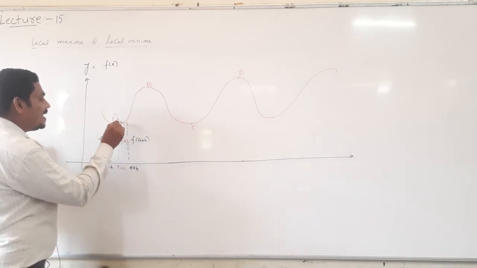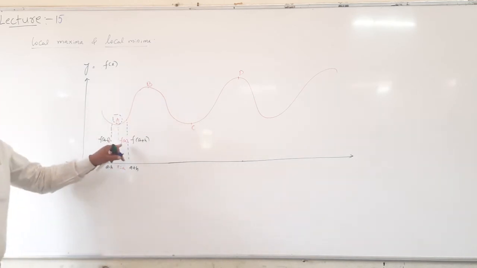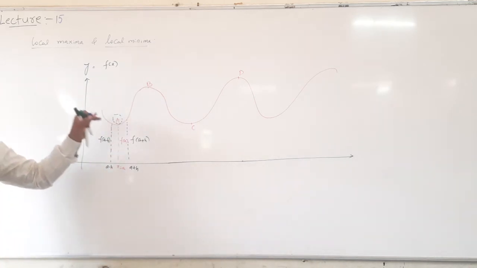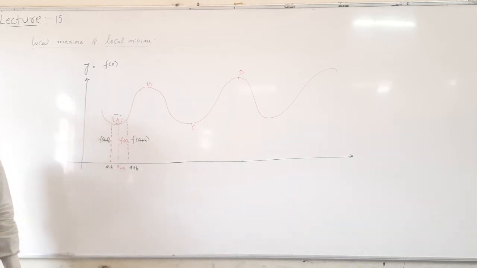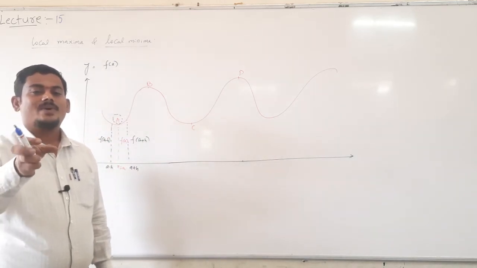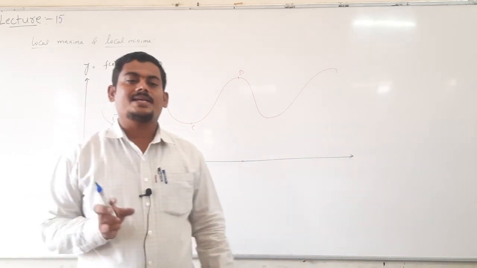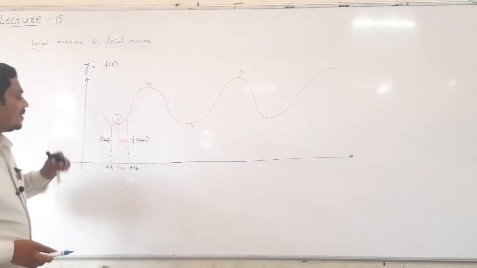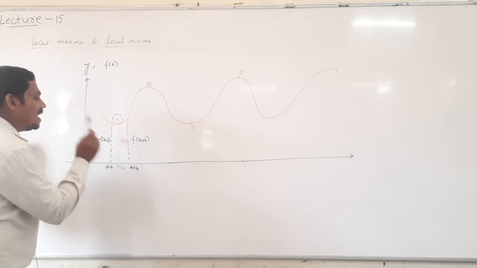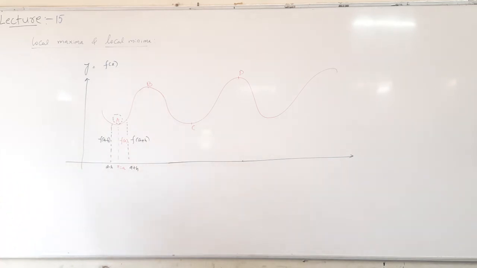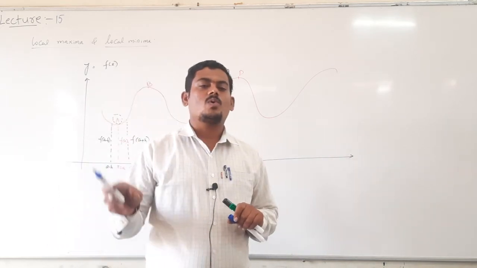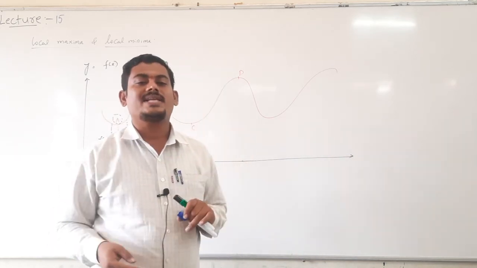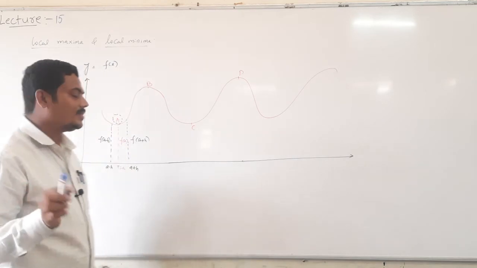What is our interval? A is some interval. When compared to the neighborhood of small a, f of a is the minimum value, in a given locality. This minimum value is known as local minimum. Use the words local minimum and local maximum only when the function has more than one maximum and more than one minimum.